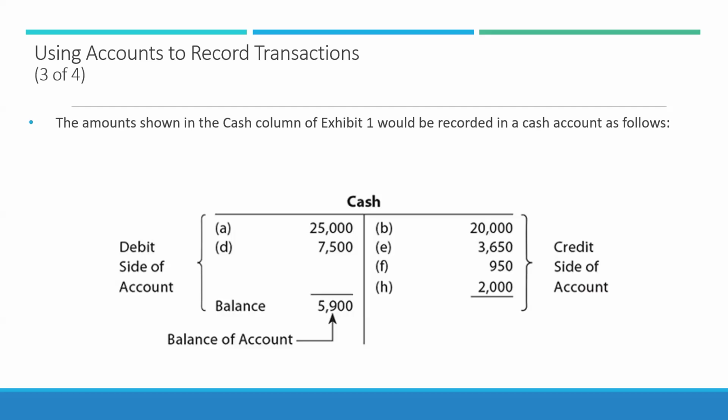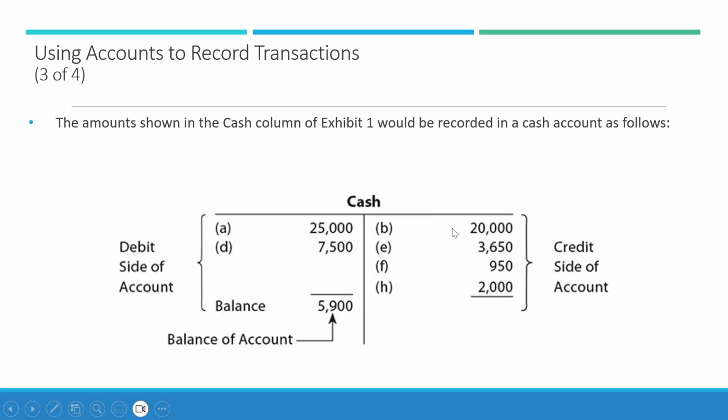This is another way we can show all of those transactions. For cash, increases happen on the left side. So the owner invested $25,000 in the business. So do you see how the left side increased to $25,000? And then we spent $20,000, I think, on land. Didn't our cash decrease there?